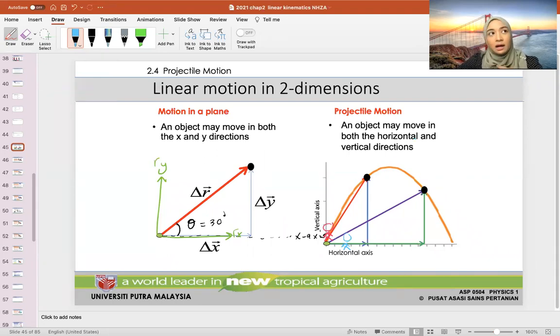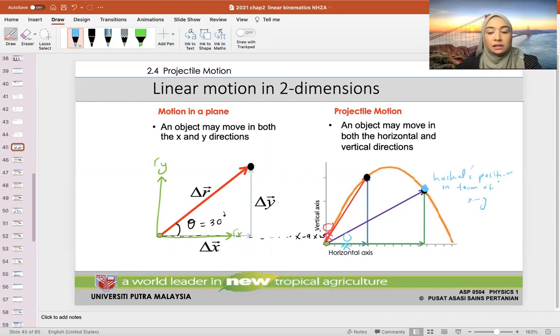And then I asked the class, hey, what is Haikal's position at this point in terms of x and y? Ni soalan saya kepada kelas. Haikal punya position in terms of x and y.